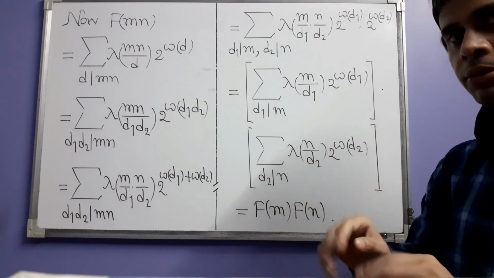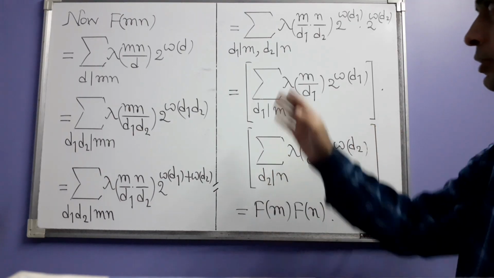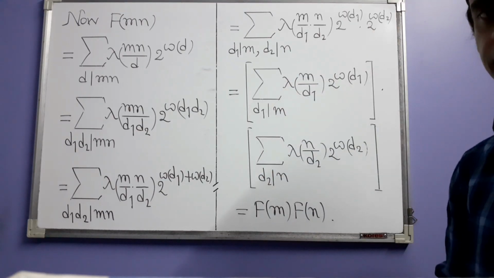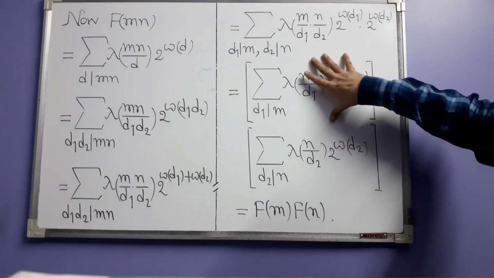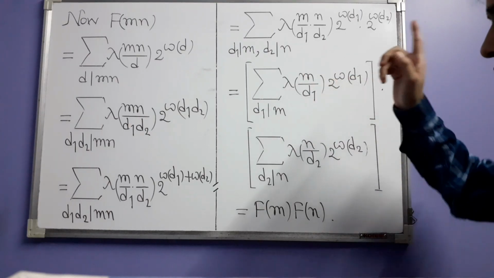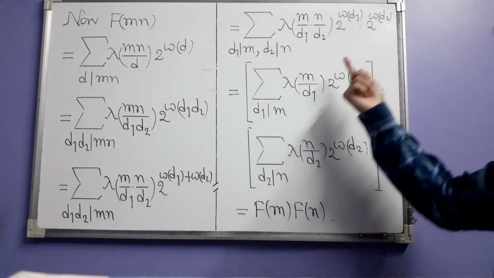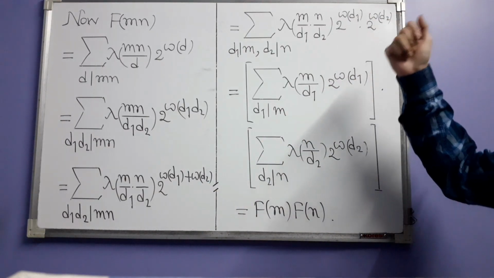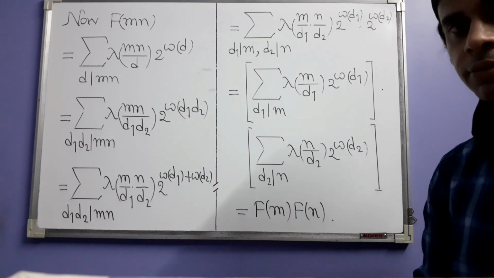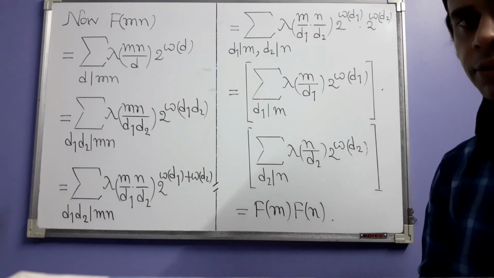Everything possible will come and give you this larger sum. Oh, I forgot to mention one more small thing. In place of this, you can of course write 2 to the power omega of d1 times 2 to the power omega of d2, by the usual rule of exponents.